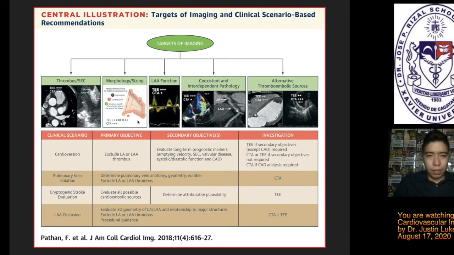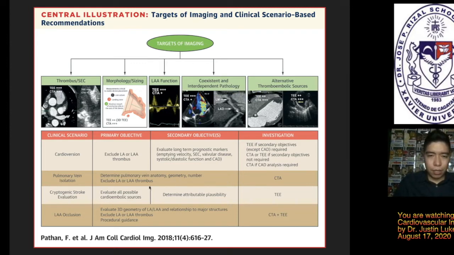So if we're deciding on morphology or sizing, we have two options in this example. We have transesophageal echocardiography, or you can have CT angiogram of the heart. So it depends again on your primary objective and your secondary objective, and it will also help you identify what is the proper imaging modality to use.